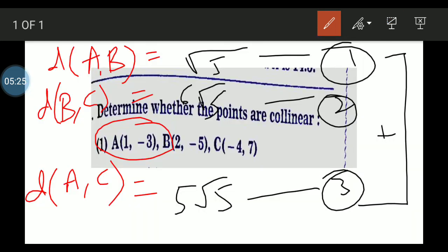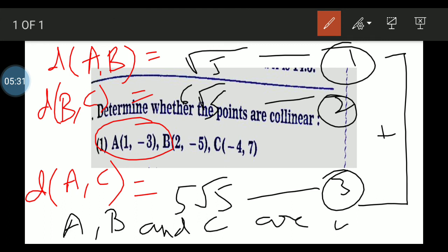Understood? This is how to find whether the points are collinear or not. If this is not equal, then we will say they are not collinear.